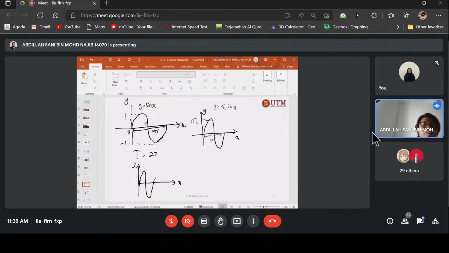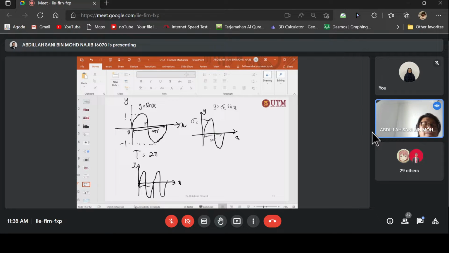Instead it is only pi. In this case T equals pi, right? So how do we write this function? We will write it as y equals sine 2x.